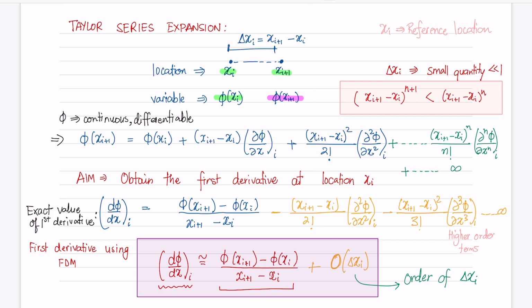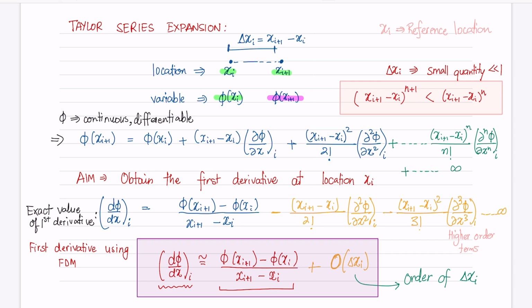And to represent that error, we understood the first fact that we consider delta x to be a small quantity. And when we say small quantity, it means that delta x is much smaller than 1. And if that is the case, then for any positive integer n, delta x raised to power n is going to be greater than delta x raised to power n plus 1.